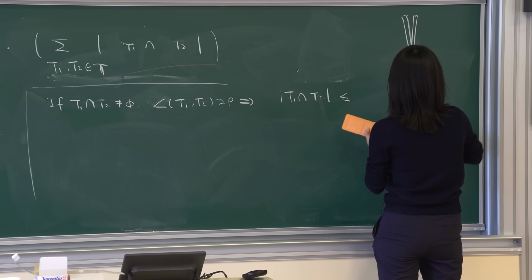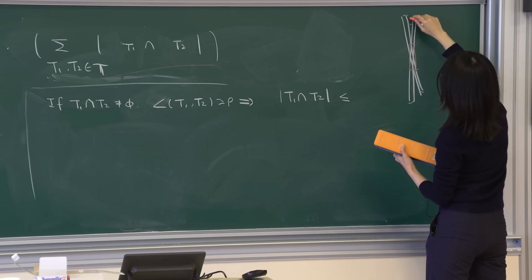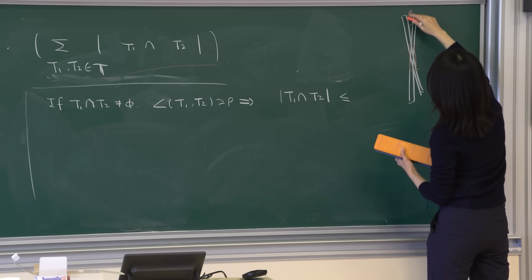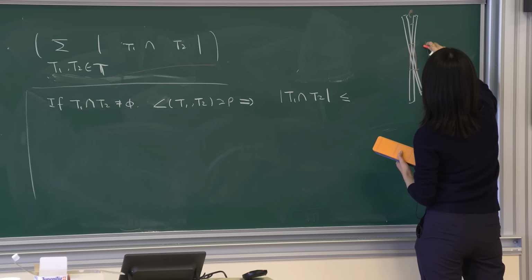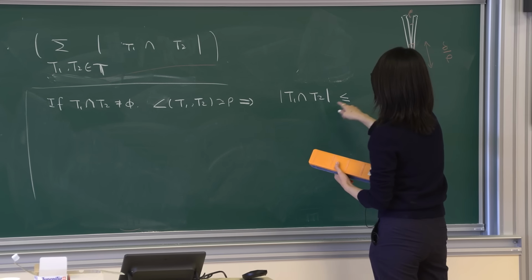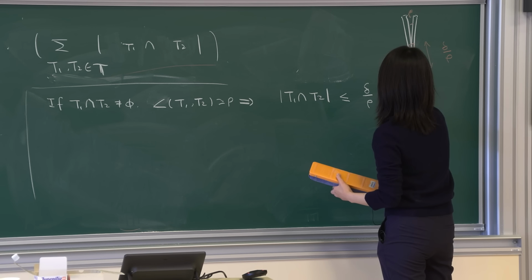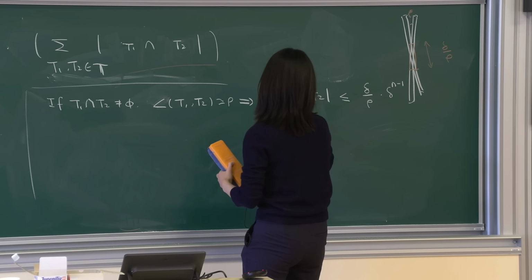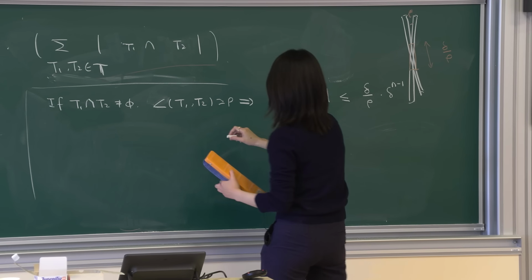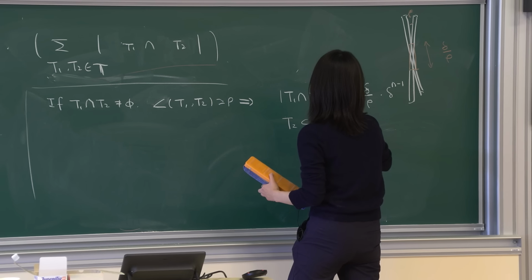The intersection has length: because they have angle about rho, if they intersect, they stay intersecting for length delta over rho. So this intersection has a volume delta over rho times delta to the n minus 1. And also we know that T2 is contained in the rho neighborhood of T1.